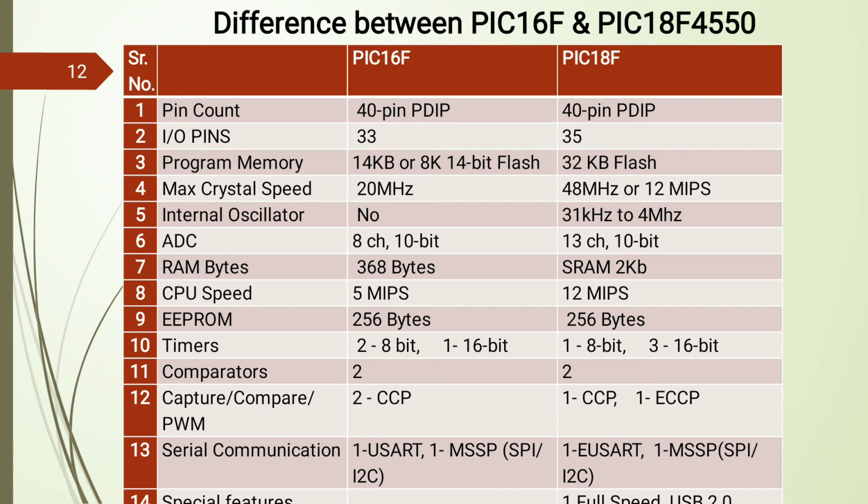So this is related to the differential points between PIC 16F microcontroller and PIC 18F microcontroller. As the advancement in features is there, PIC 18F is much better as compared to the PIC 16F.